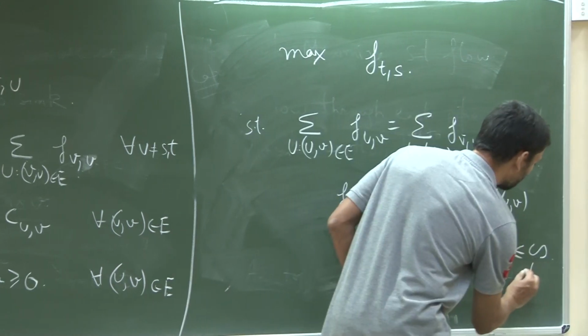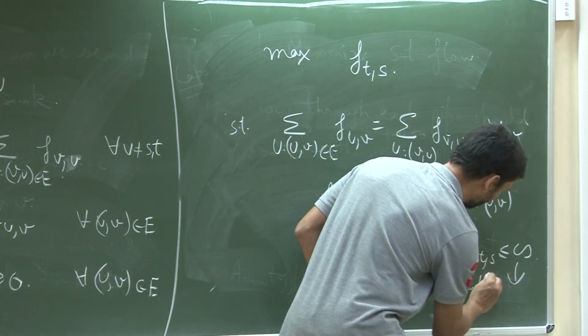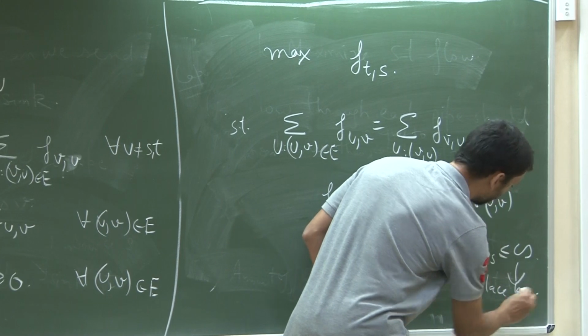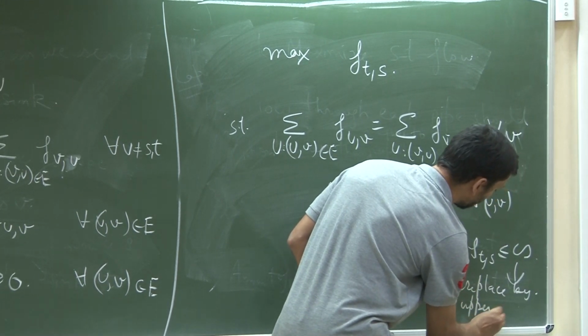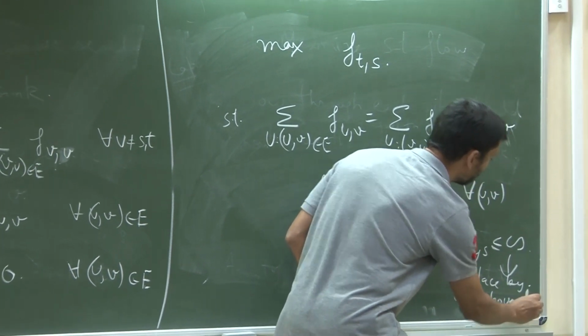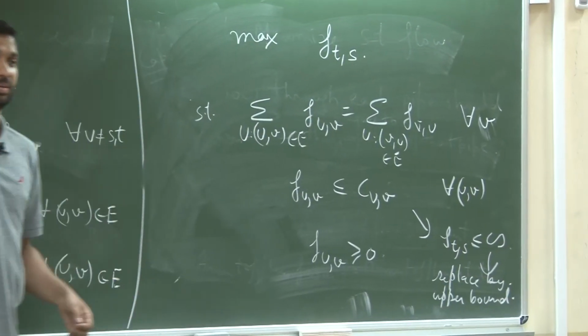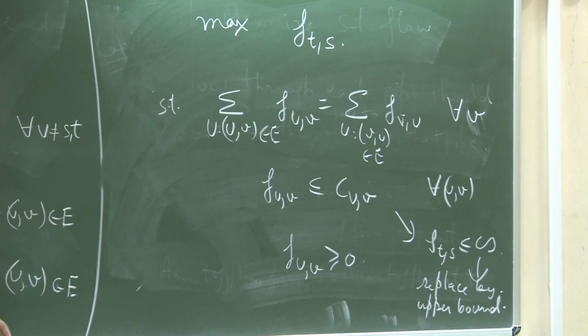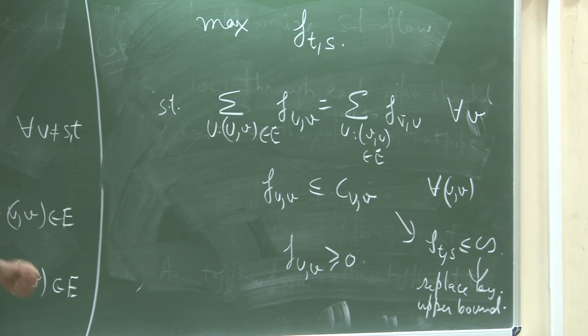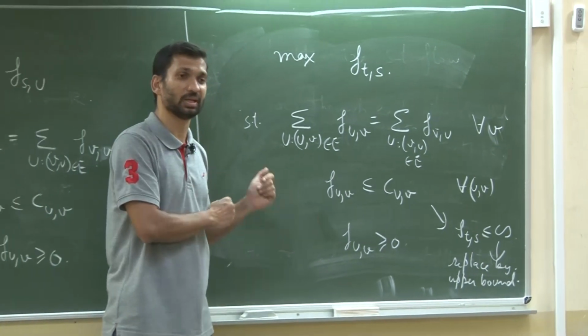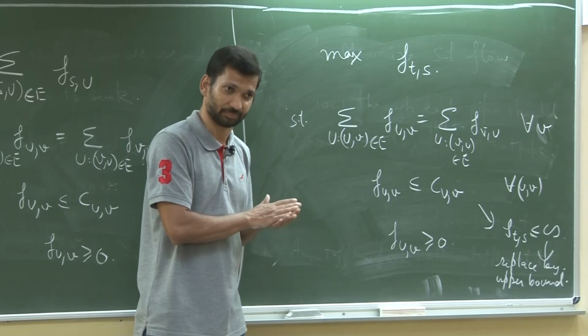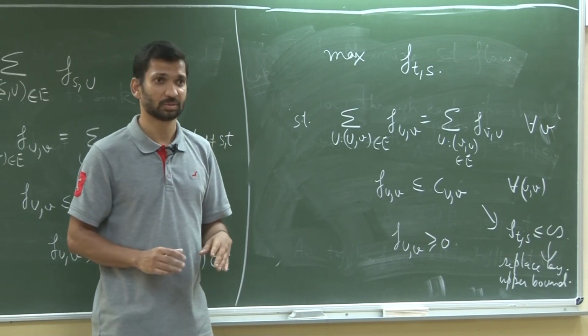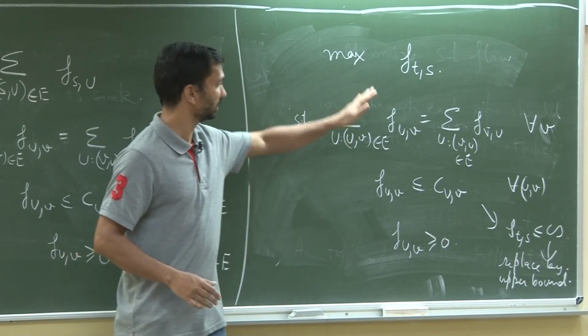So replace it by a suitable upper bound, okay? And then you are not worried about putting this thing as a linear program, right? Okay, and then this makes sense.